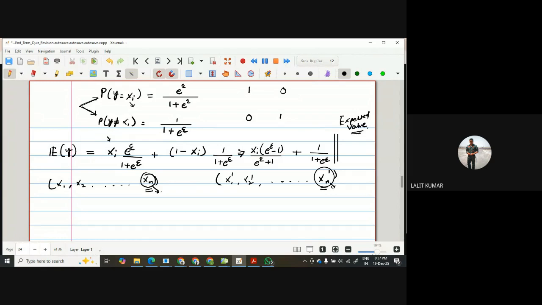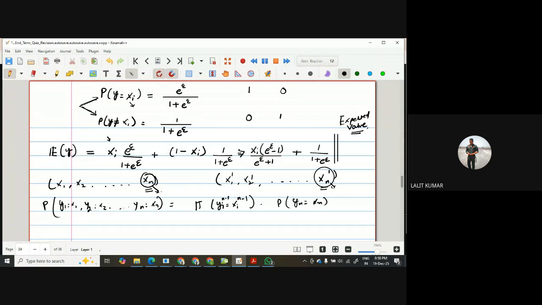So when we write the probability of y1 equal to x1, y2 equal to x2, up to yn equal to xn, we can write it as the product of probabilities of yi equal to xi up to n minus 1, into the probability of yn equal to xn.